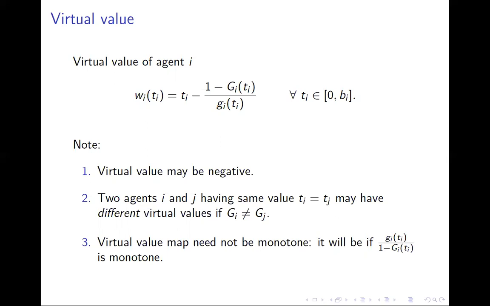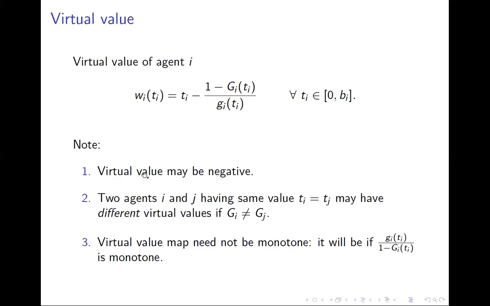So it's going to be 2 ti minus 1, right? Because small gi(ti) is equal to 1, since it's uniform. And if this is ti, it's ti minus (1 minus ti), which is 2 ti minus 1. So you see that below 0.5, it is actually negative. The virtual value is negative.